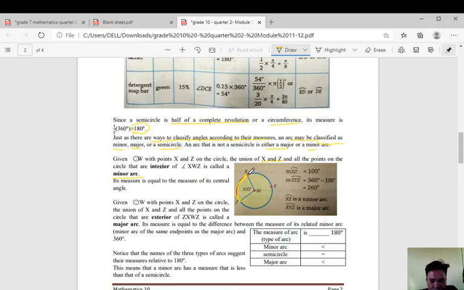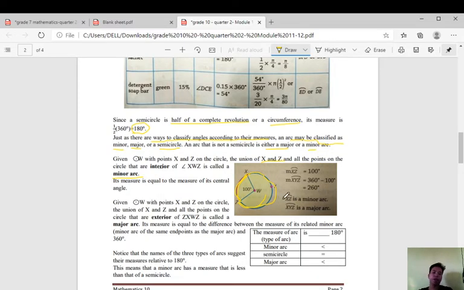So this arc XYZ is a major arc, meaning it is a bigger arc. So arc XZ is a minor arc, and arc XYZ is a major arc.